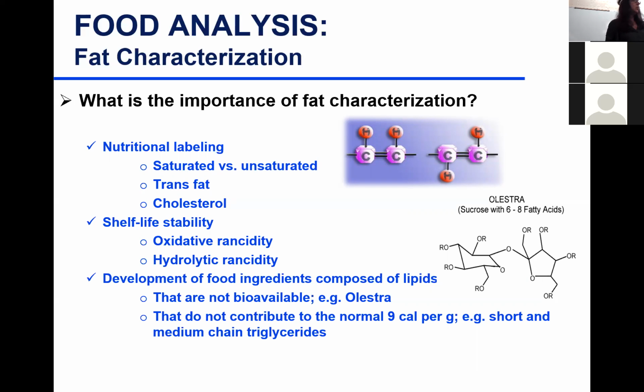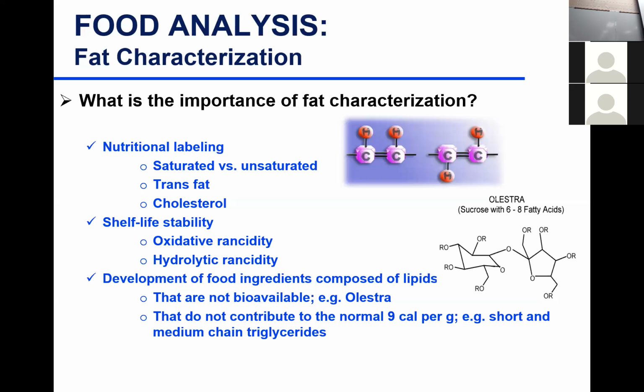Endogenous lipase is going to break down your lipids into fatty acids. Fatty acids have off flavors, not a desired flavor. And not only that, free fatty acids are more prone to oxidation than fatty acids within a triglyceride as esters. So hydrolytic rancidity will potentially increase oxidative rancidity potential.